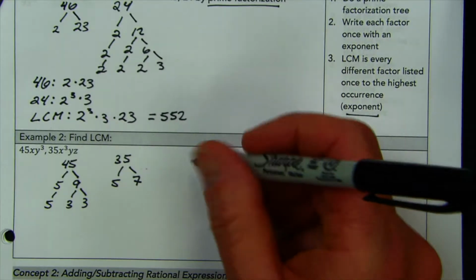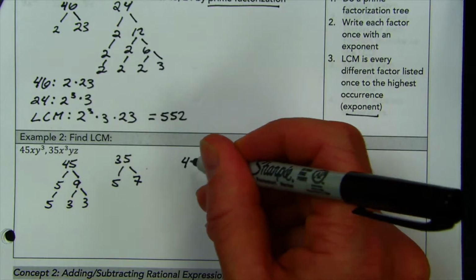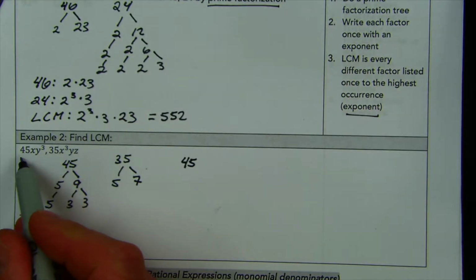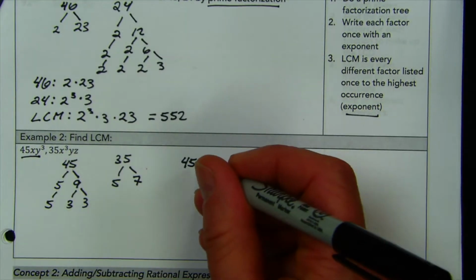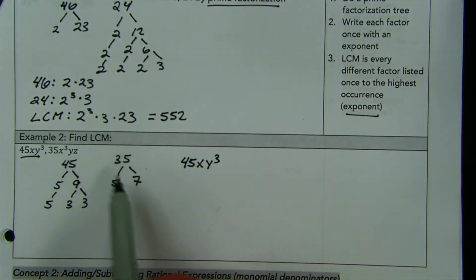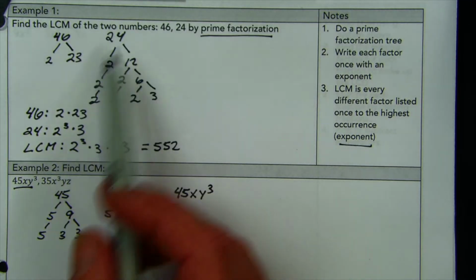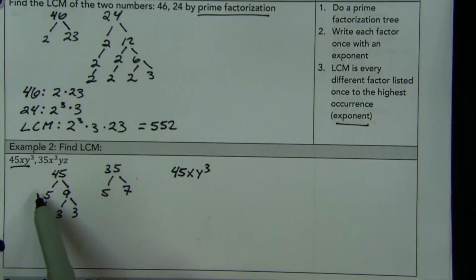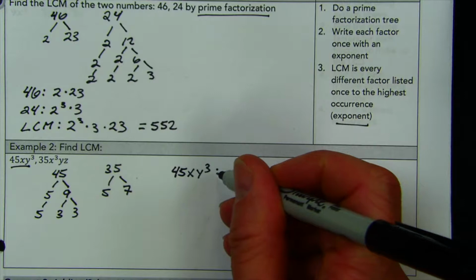All right, so I'm going to write both monomials because these are made up of numbers and variables, so it's just a monomial. 45xy cubed. Note this one's slightly different than that one because this one has some variables in there. And I'm going to list all the prime factors.